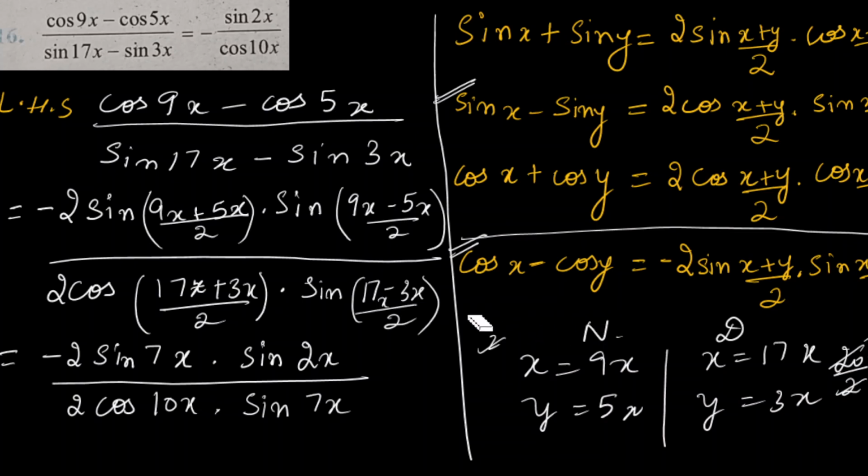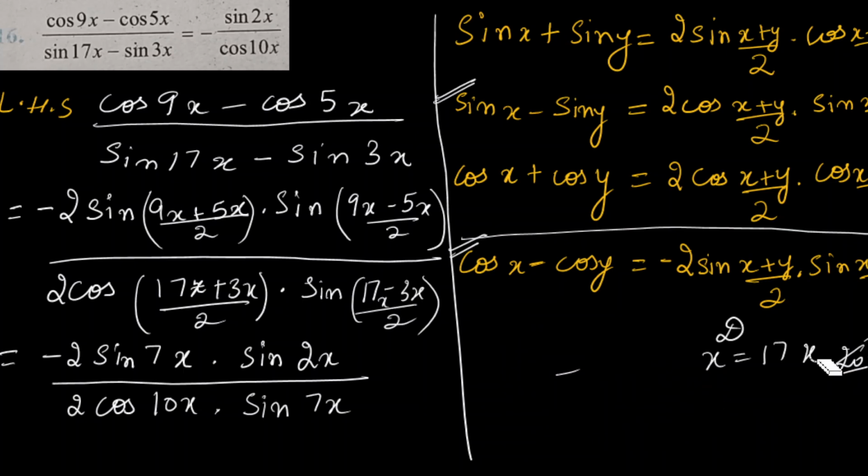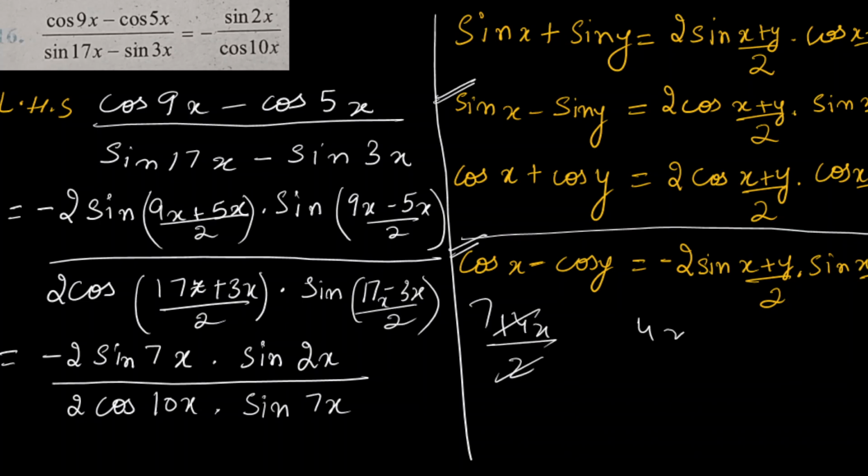I have just added the angles and divided by 2. So the first one was 14x by 2, which became 7x. Then 4x by 2 became 2x. Then 20x by 2 became 10x. And again 14x by 2 became 7x.